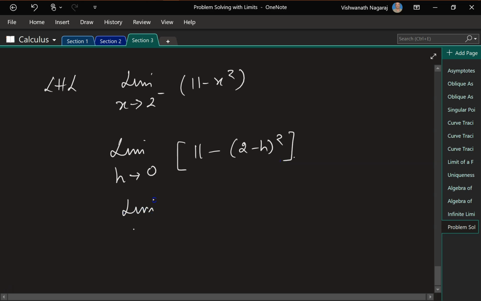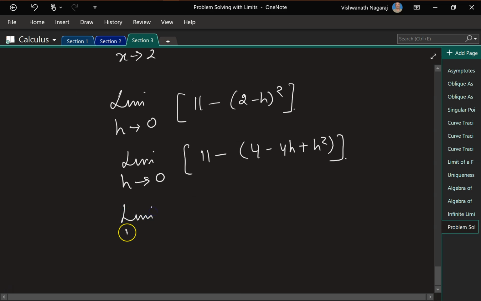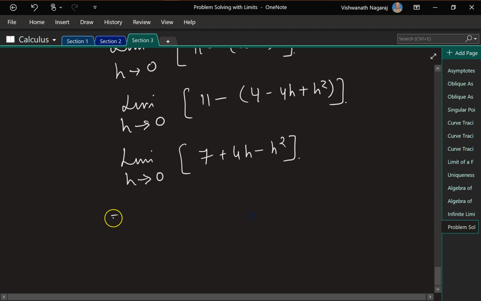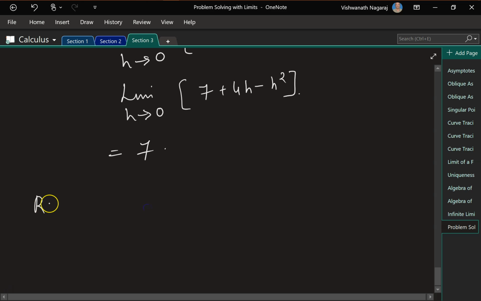So limit as h approaches 0 of 11 minus 4 minus 4h plus h square, or 7 minus 4h plus 4h minus h square, which is equal to 7. That is the left hand limit.